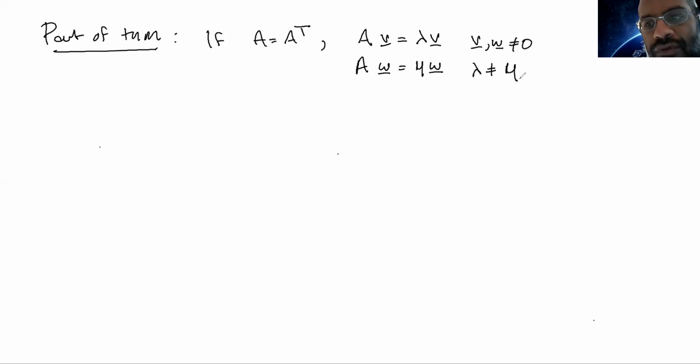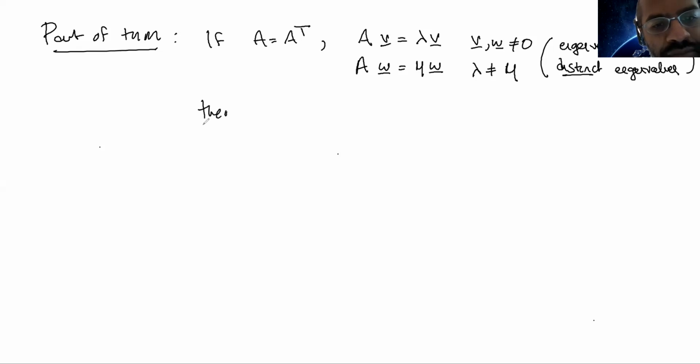in words, these are eigenvectors with distinct eigenvalues. So if A is symmetric and you have these two eigenvectors, then they have to be orthogonal: v is orthogonal to w. And this I will actually prove.